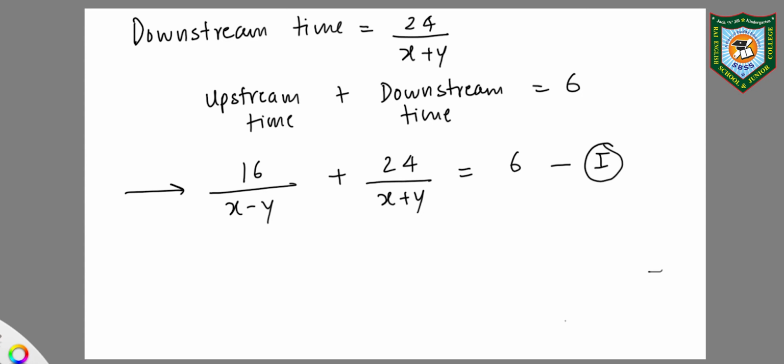Now, once I get equation number 1, I can similarly make equation number 2. In equation number 2, the statement says that the same boat travels 36 kilometers upstream. Again, I have to use the same equation, upstream time plus downstream time, and in the second statement the total time taken is 13 hours.